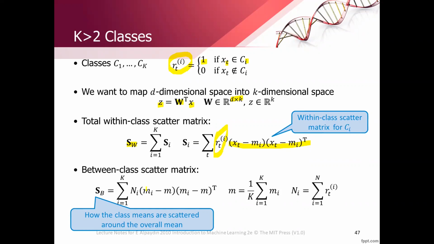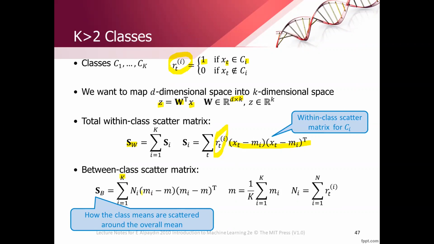And for the between class scatter matrix, we have a similar formula, a sum over capital K. Capital K is the number of classes, so be aware of that. We have big K, capital K, for the number of classes, and lowercase k is the number of dimensions after transformation.